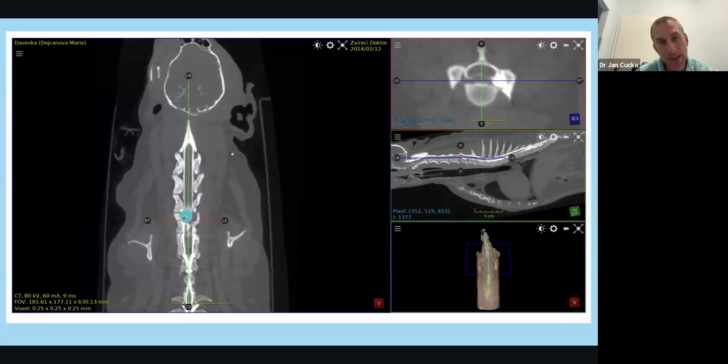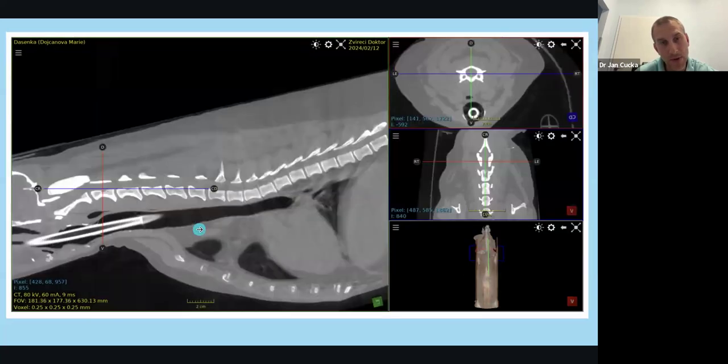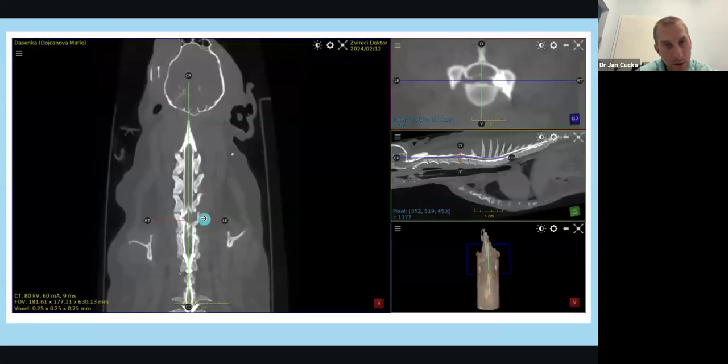In this place there's no contrast medium, there's a hole, and the contrast line then continues on this side more caudally.